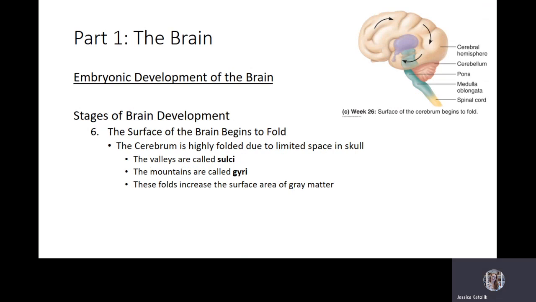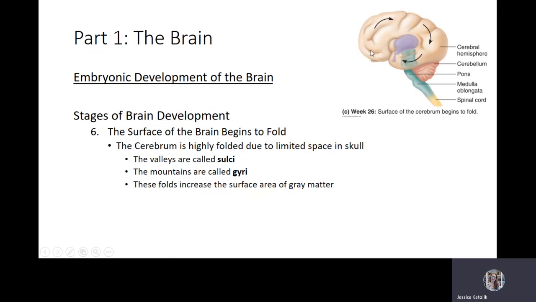As the brain continues to grow, so we can see here, like at week 26, the cerebrum will actually start to fold and crease. So you can see the structures over here and here. Any fold that is kind of shallow in the brain is called a sulcus, or sulci to be plural.